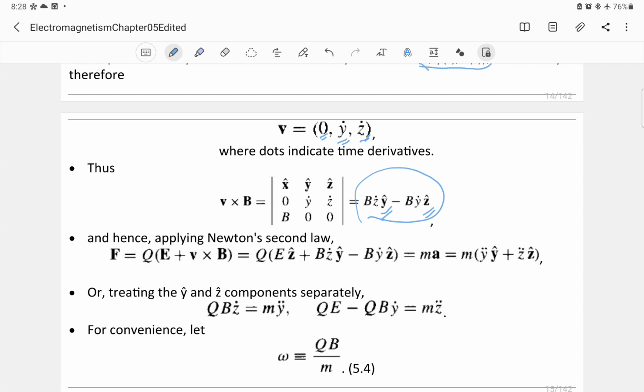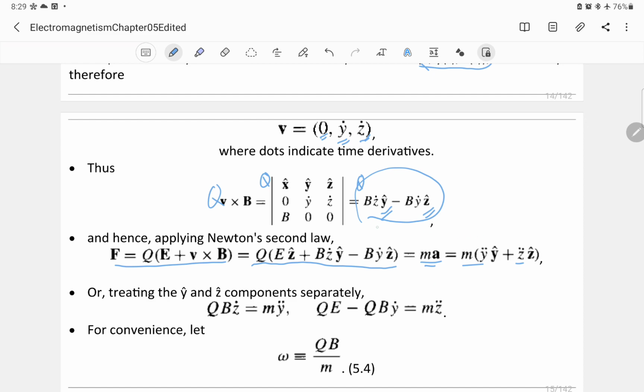So applying Newton's law, the force is equal to this, and of course this is also the force if you multiply by q. So therefore your force in general would be this, in particular, this is equal to ma, and since the motion is in the y and z, you have acceleration in the y and acceleration also in the z.